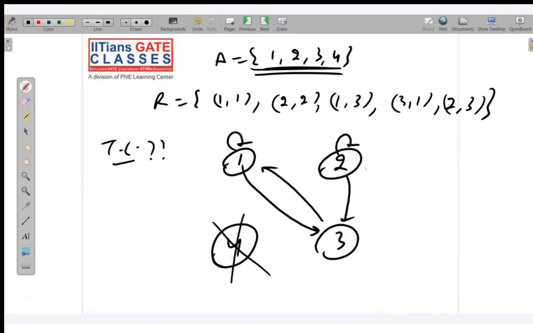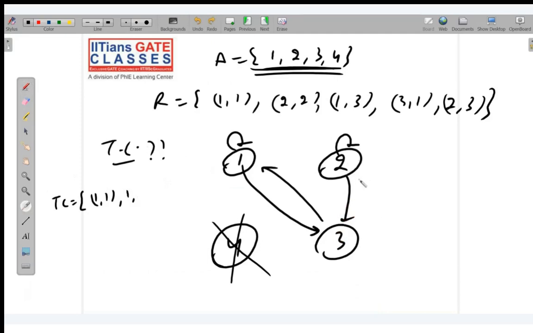So what will be the transitive closure? There should be a path. Transitive closure will be 1 to 1. 1 to 2 is there? No, 1 to 2 is not there, because from 2 there is only an outgoing edge, there is no incoming edge to 2.